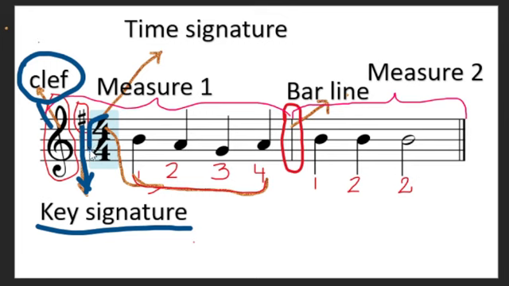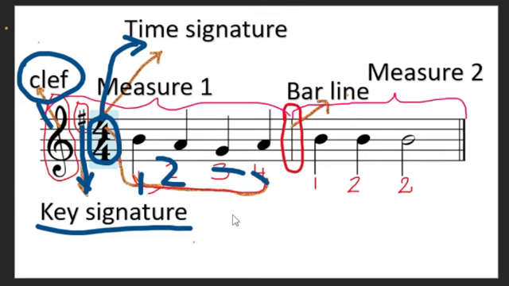Then again we have the time signature. This will indicate how many beats are in one bar, because it's 4/4. So between the bars we have 4 beats. That's why I have indicated here 1, 2, 3, and 4.